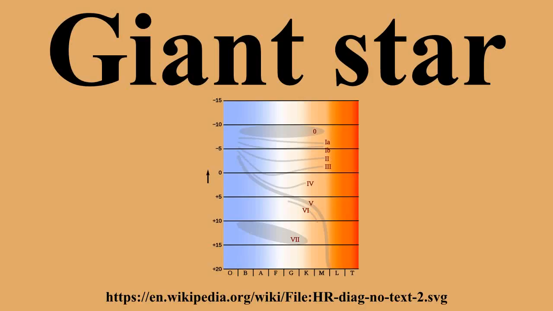Yellow giants. Giant stars with intermediate temperatures are called yellow giants. They are far less numerous than red giants, partly because they only form from stars with somewhat higher masses, and partly because they spend less time in that phase of their lives. However, they include a number of important classes of variable stars.